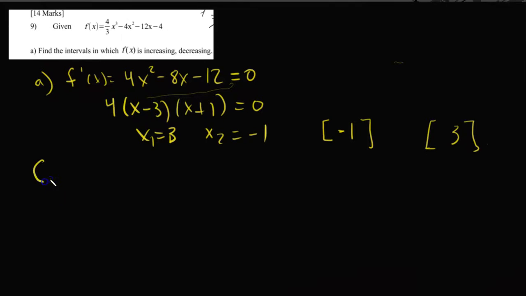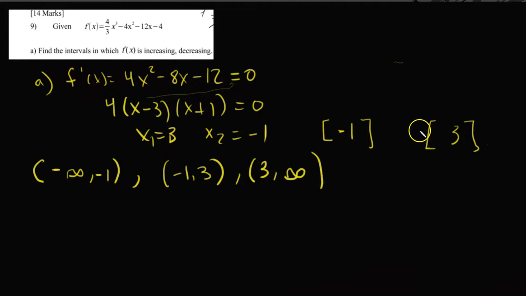Our first zero is -1, so we'll take the range of -infinity all the way to -1. Our next range will be -1 to 3, and our last range will be 3 to infinity. So anytime you have zeros, you get the range before the first zero, between them, and the range after.